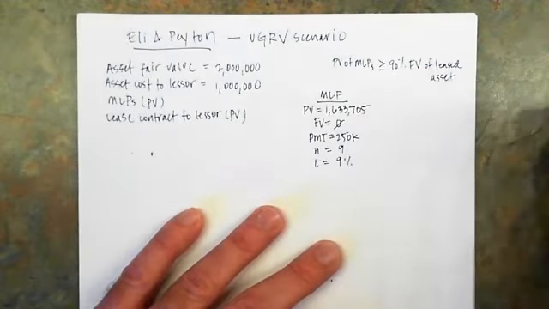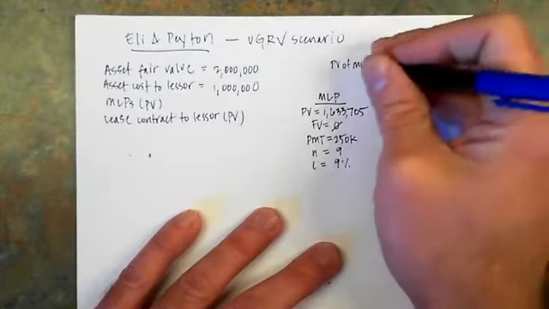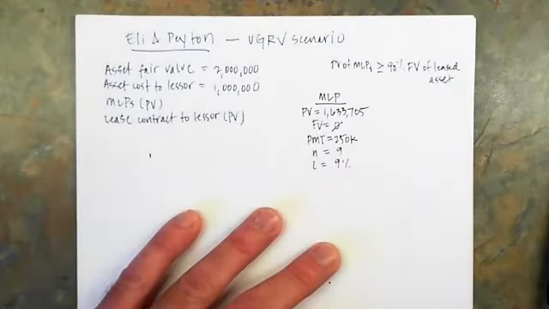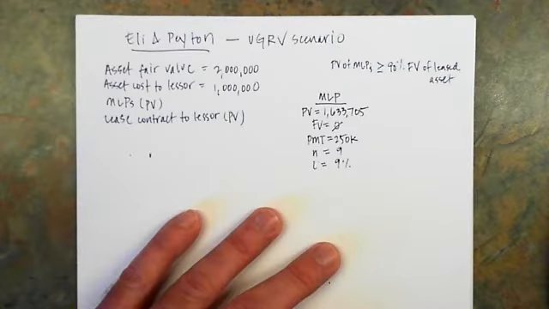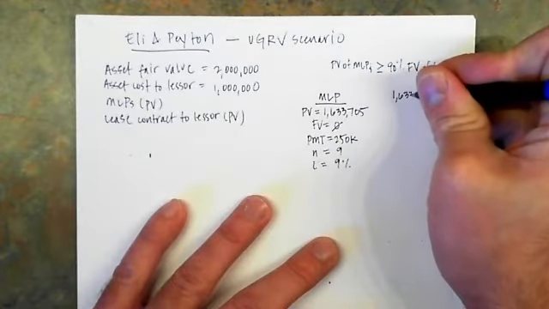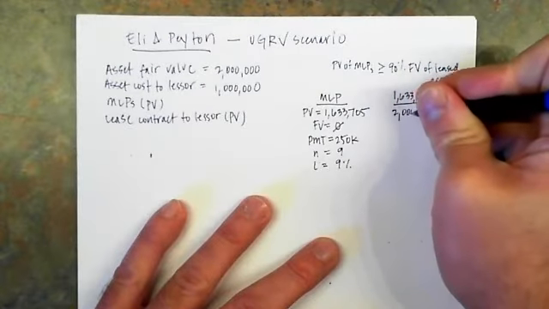Now, are the MLPs 90% of the leased asset's fair value? Well, in order to determine that, we'd have to take this amount, 1,633,705, divided by 2 million. That comes up to 82%. So it would not have passed by the 90% rule.